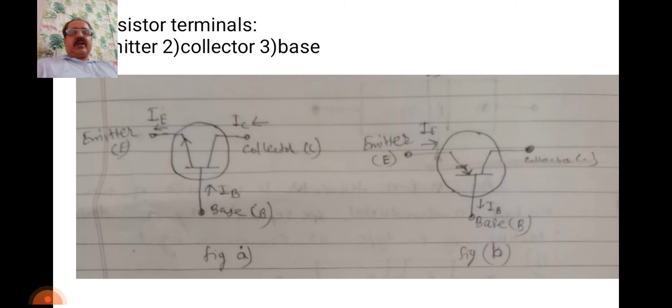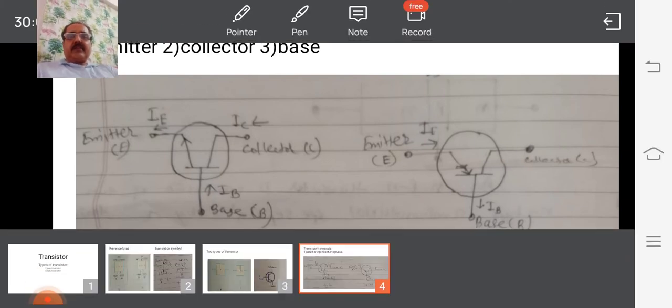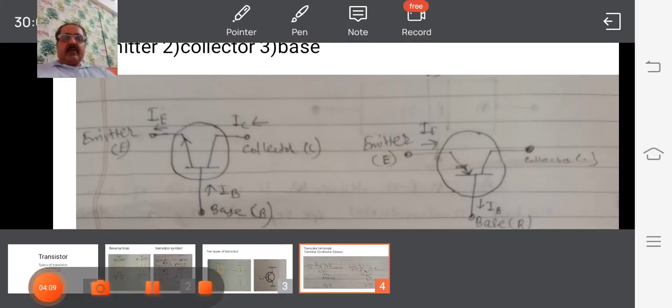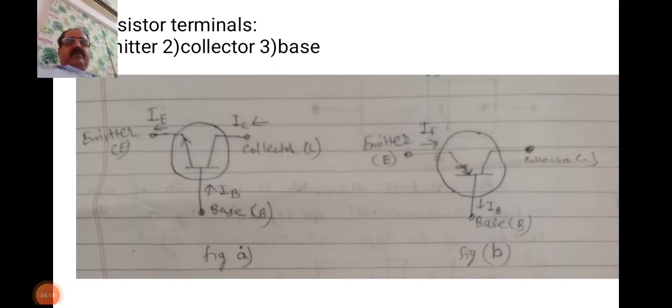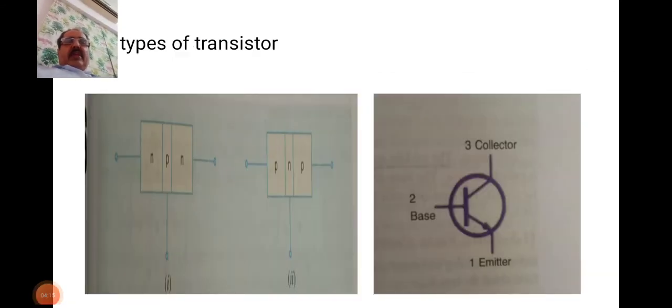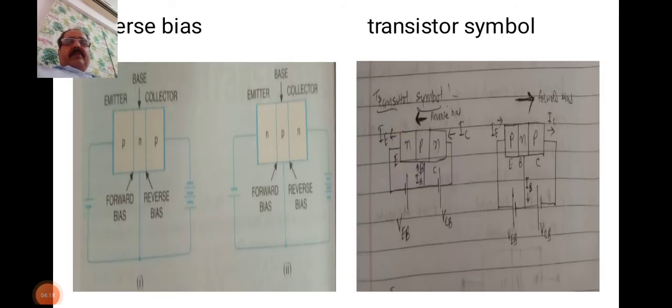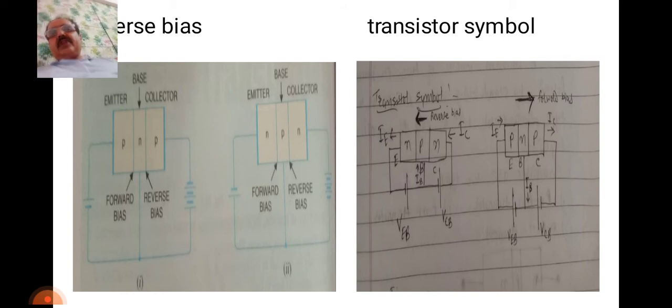Let us consider the first part of this transistor. It has three sections: emitter, collector and base.